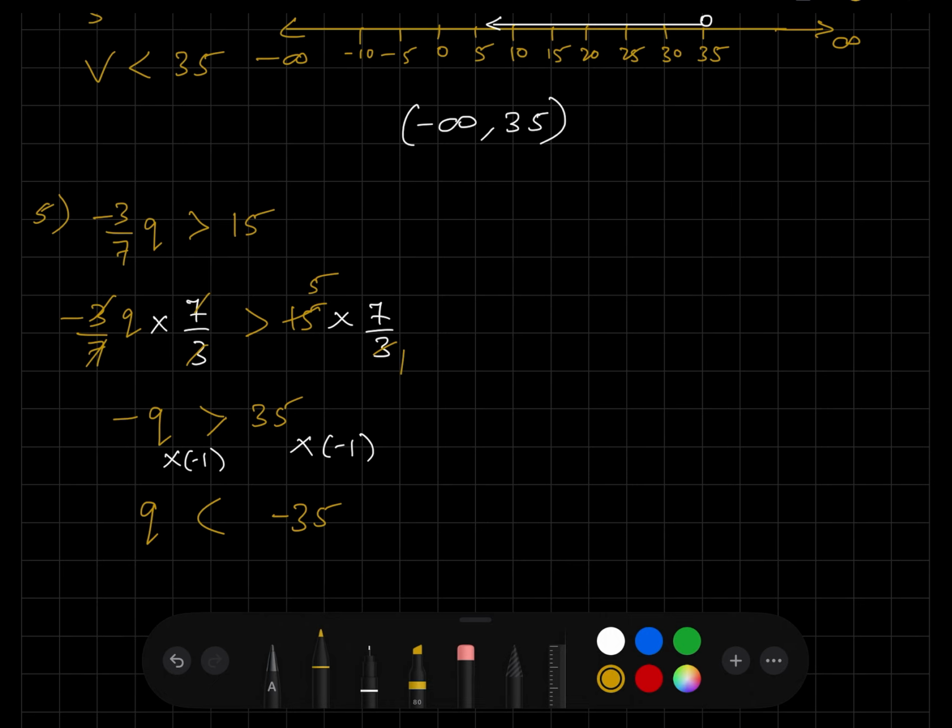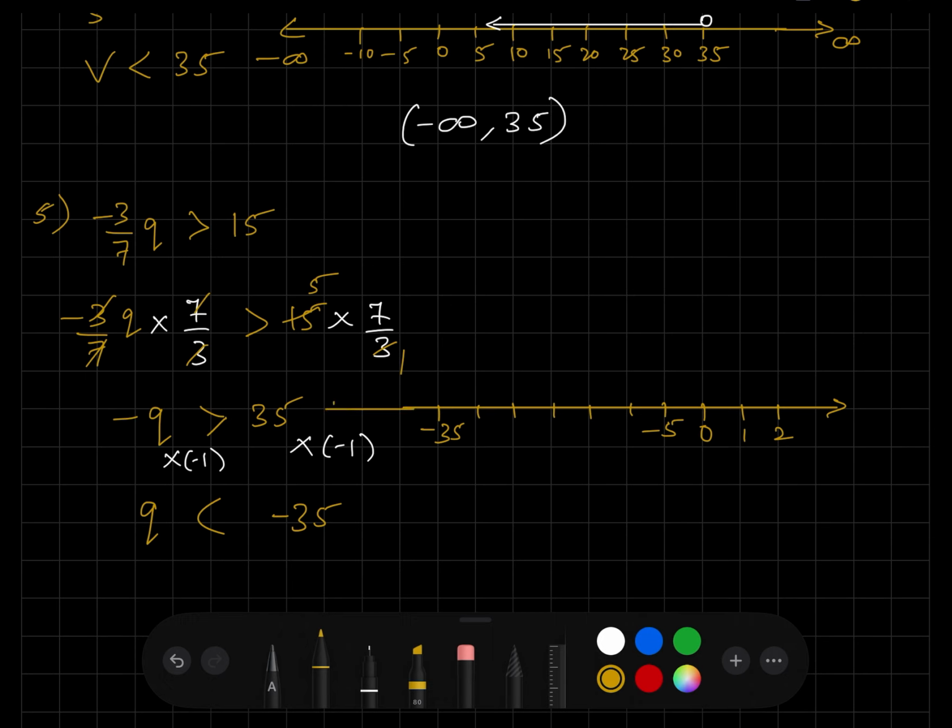Here on the number line, how will I plot this? My negative 35 would be somewhere here, then -30, -25, -20, -15, -10, -5, 0, 1, positive 2, like that. And q is less than negative 35.